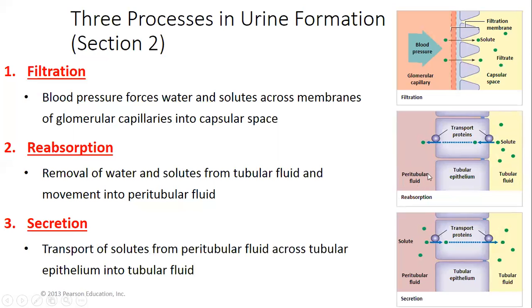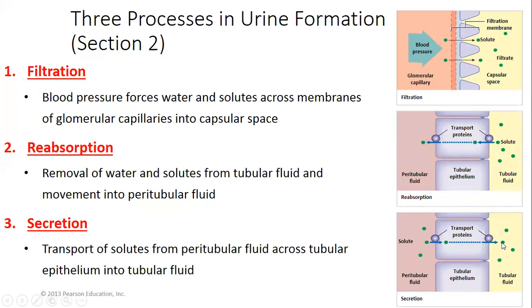This is the fluid, the blood of the peritubular capillaries. And tubular fluid is fluid in the renal tubule, just to give you an idea of what we're looking at here. So the water and solutes that were once filtered out of the blood get sent back into the blood by way of reabsorption. And then in the distal convoluted tubule, a lot of secretion occurs where solutes and water can move from the peritubular capillaries into the tubular fluid.